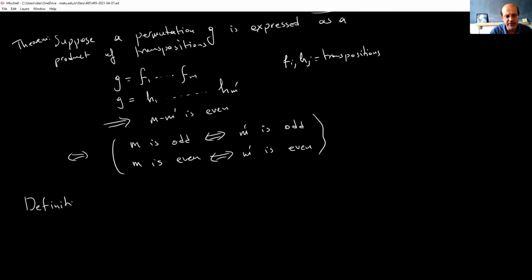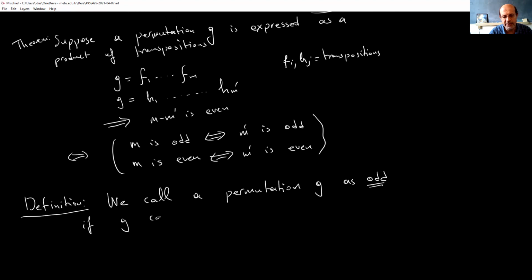We call a permutation g odd if g can be written as a product of an odd number of transpositions.